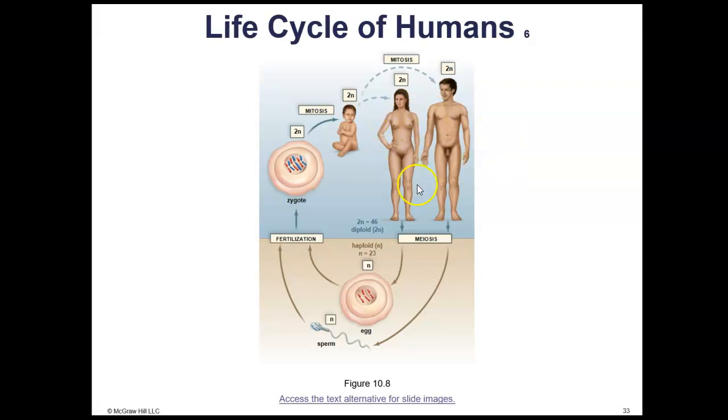So in the sex cells, in the ovaries and the testes of these 2 individuals, meiosis is going to occur. In the female, it's going to be oogenesis, which will form an egg. And in the male, it's going to be spermatogenesis, which will form a sperm. And those 2 cells are gametes, and they're going to be haploid. But when they unite during fertilization, they'll be diploid again.